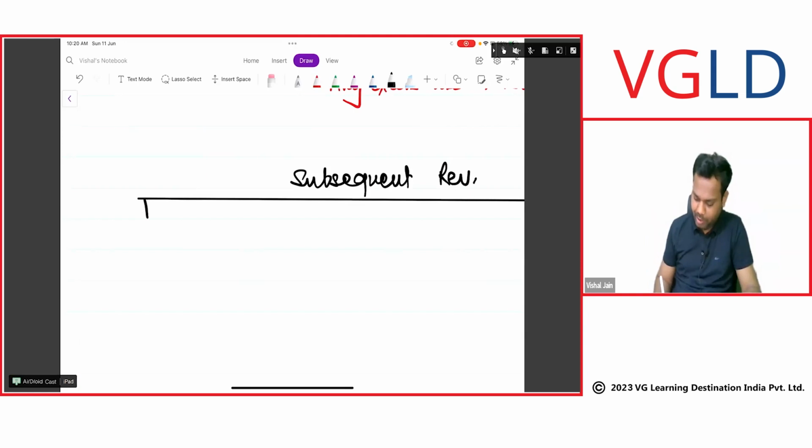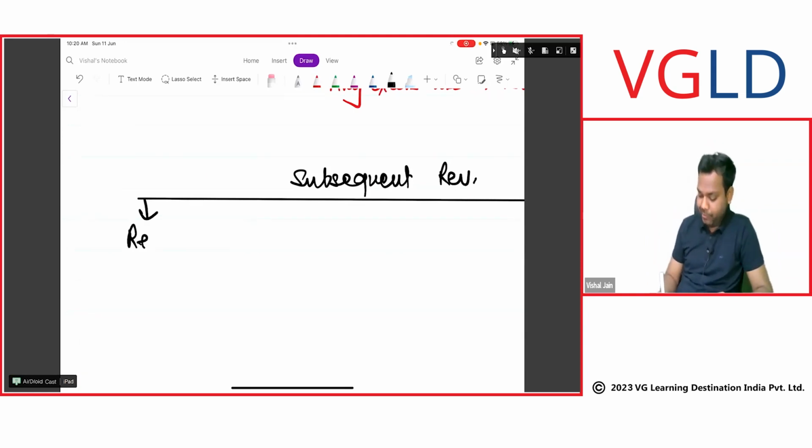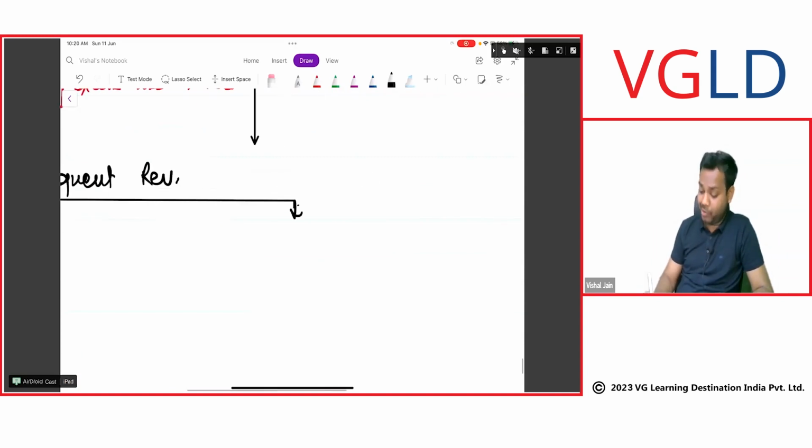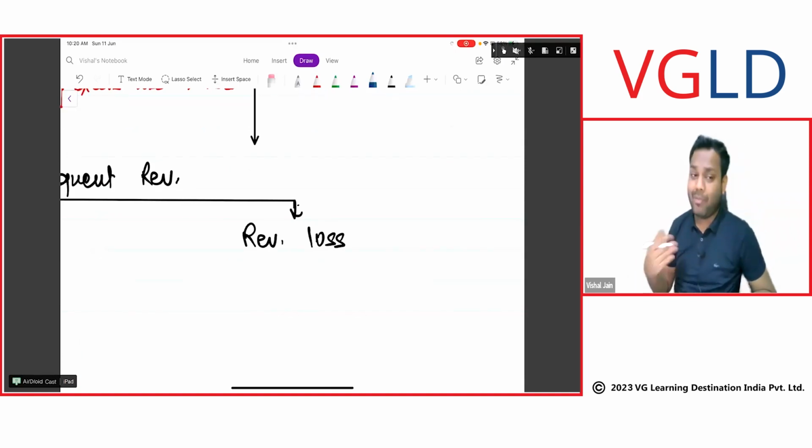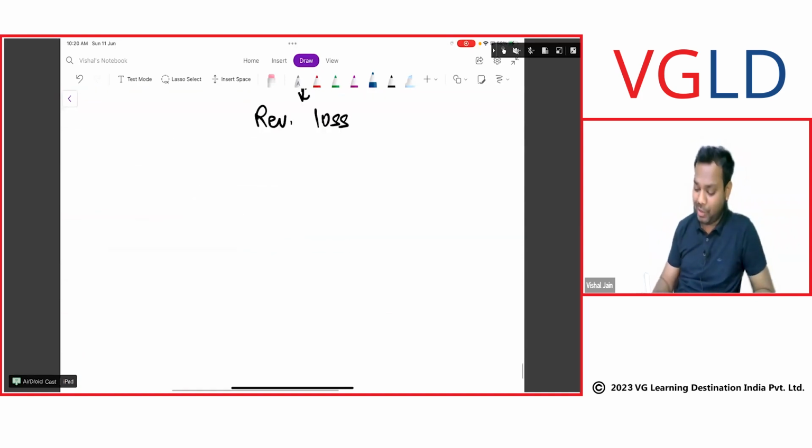I might get a revaluation gain again, or I might get a revaluation loss. Let's discuss the easy part first. The first time when I did revaluation, I got a loss. The second time, again I got a loss. So definitely, what will I do? I will transfer it again to P&L.